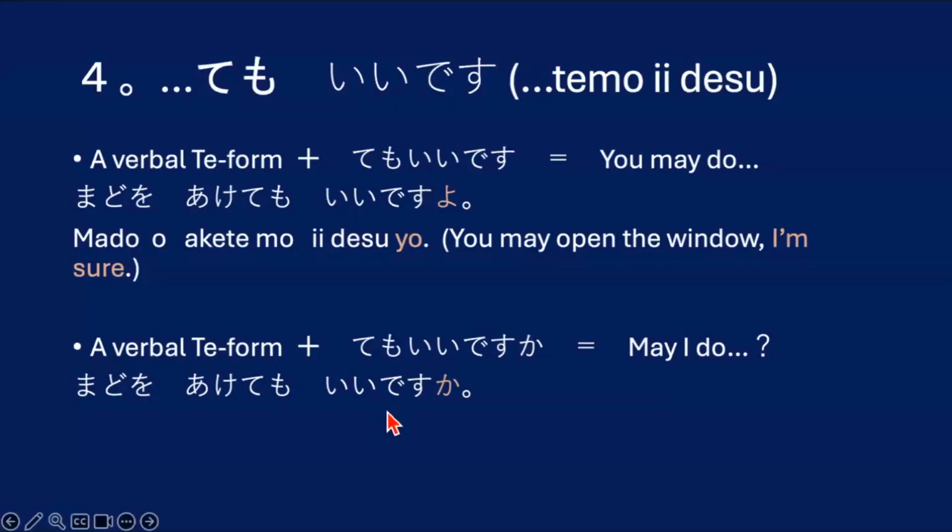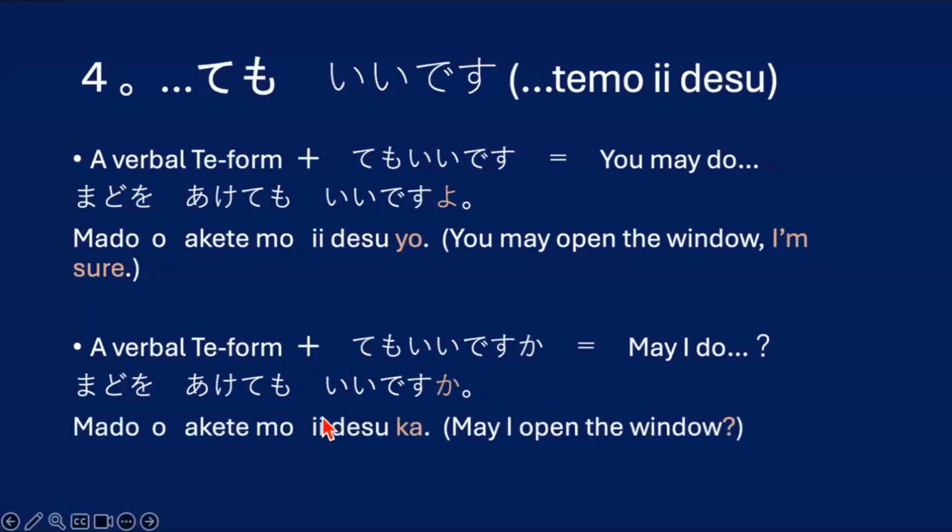So, may I, is it okay to open the window? Right? May I open the window? So by changing this いいです into a question, you are asking for permission. And if you say いいです, then you're giving someone permission to do something. But in any case, you need te and then mo.